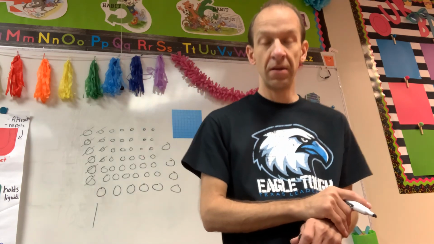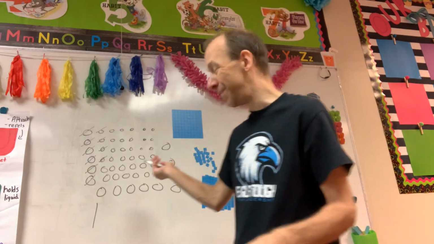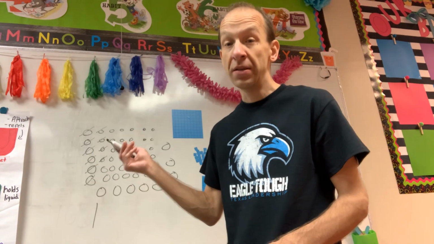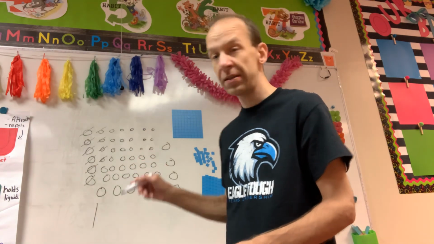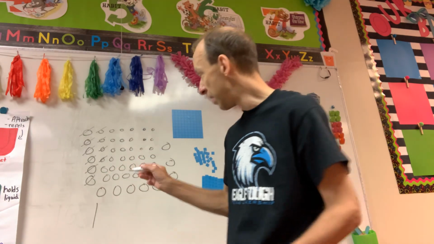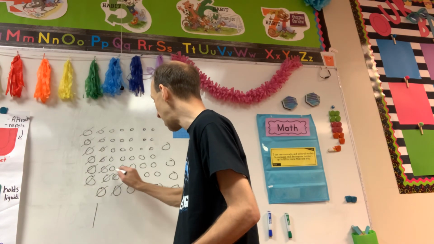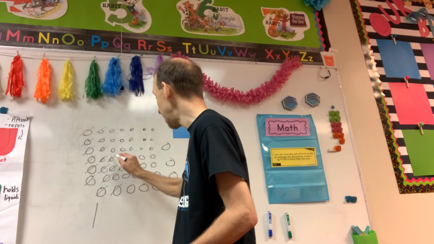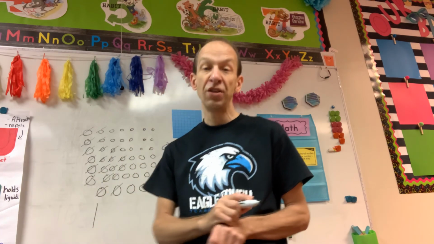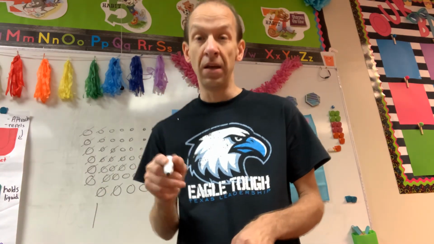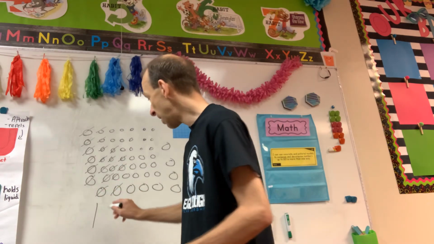But I'm not done because I have a lot more to go. I'm going to keep going and see how far we can go. 1, 2, 3, 4, 5, 6, 7, 8, 9, 10. I just made another group of 10, so I'll mark that down.